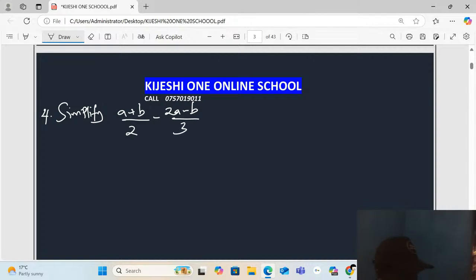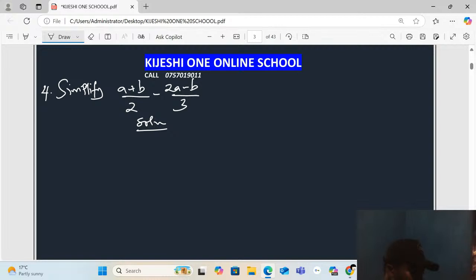Simplify that. That's it. So under the solution, let us look at this. We are having a plus b over 2 minus 2a minus b over 3.